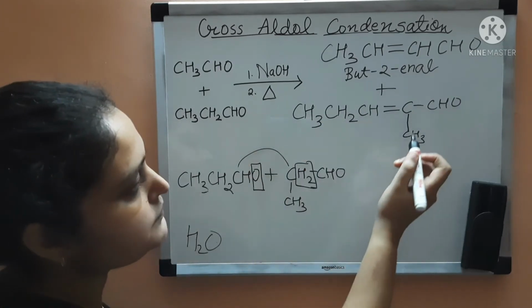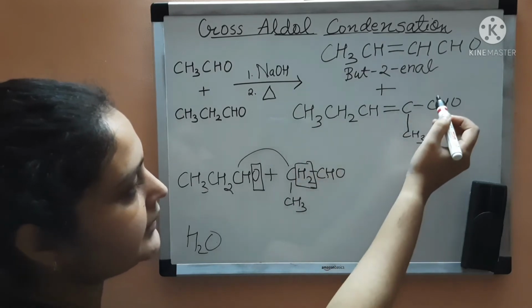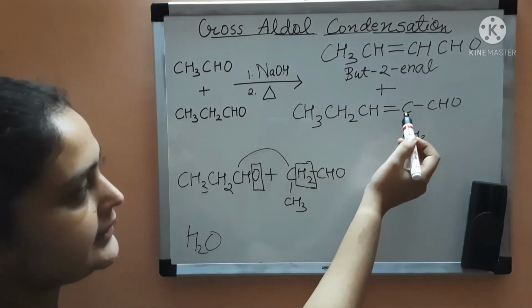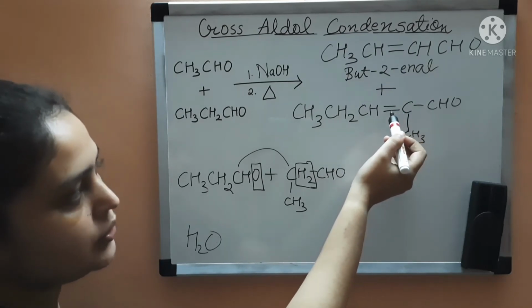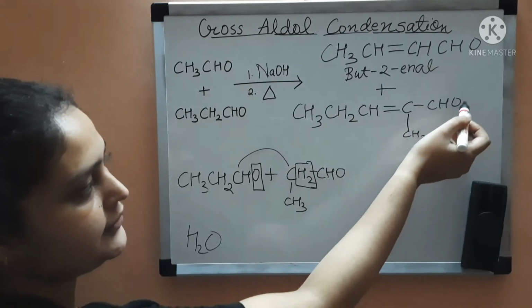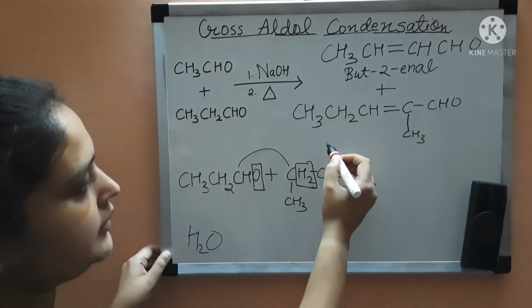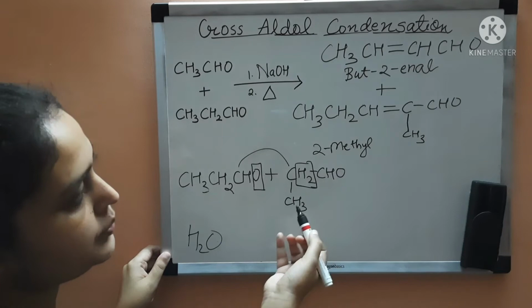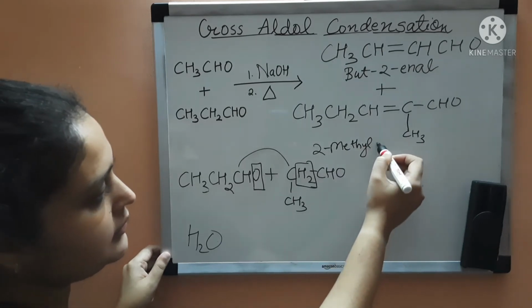Its name will be: how many carbon atoms are there? 1, 2, 3, 4, 5. At the second carbon there is a methyl group and also the double bond, and at the first carbon there is the aldehyde. So it will be 2-methylpent-2-enal.